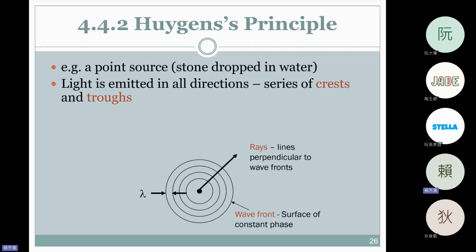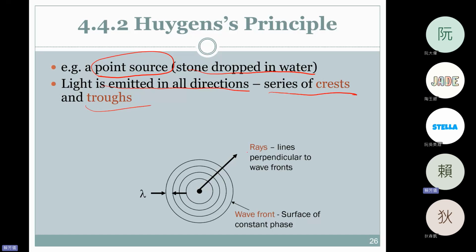When a stone drops in the water, a point source happens, and then it raises the water wave. He was thinking that it is the same situation with light. So the light will be emitted in all directions and create a series of crests here.